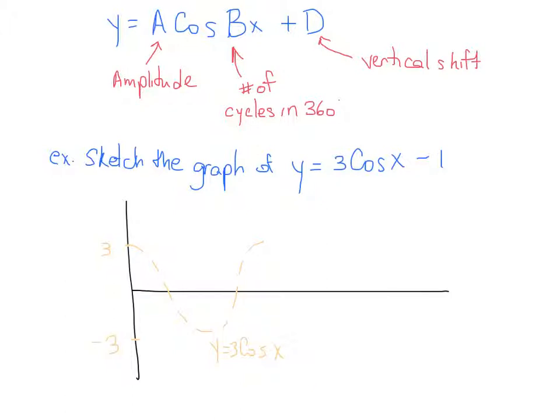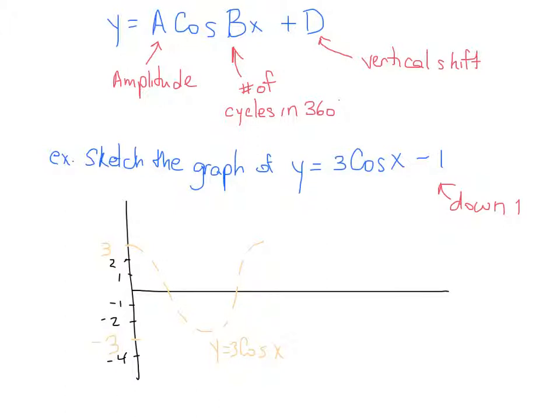Now that we can see where it starts and ends if there is no vertical shift, we can go ahead and move it down because of the negative 1. Everything moves down 1. Originally it was starting at 3. That should go down to 2. So let's say this is 2, this is 1. Cool.